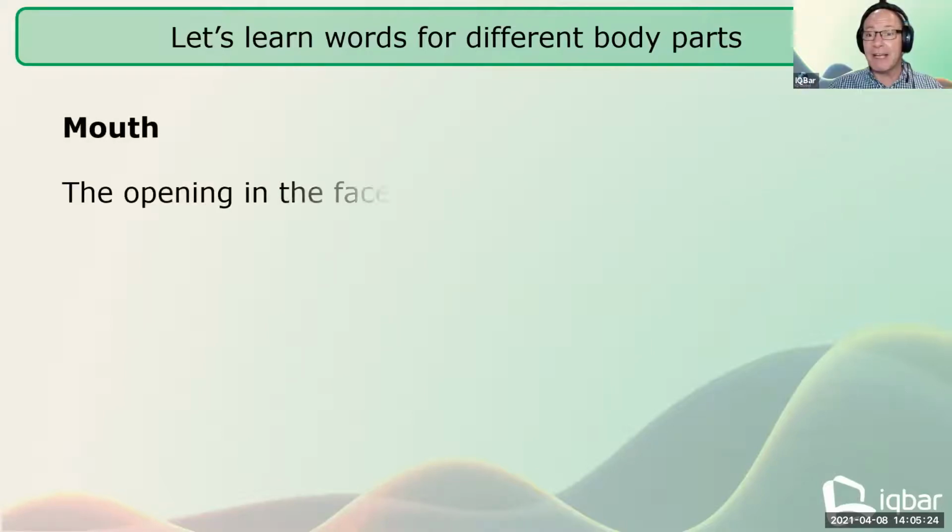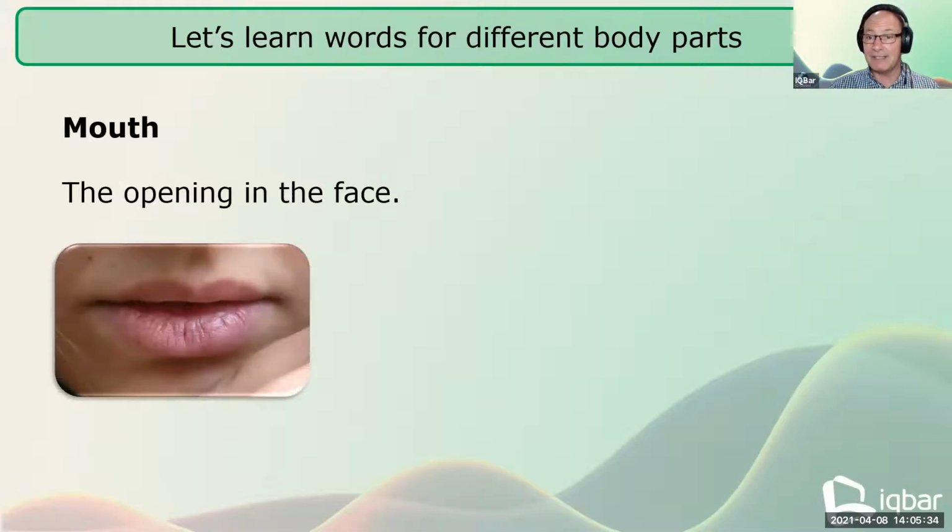Let's learn about the mouth. Now, what is the mouth? The mouth is the opening in the face. We learned that we use our mouths and teeth to eat. What else can we use our mouths for, Tammy?